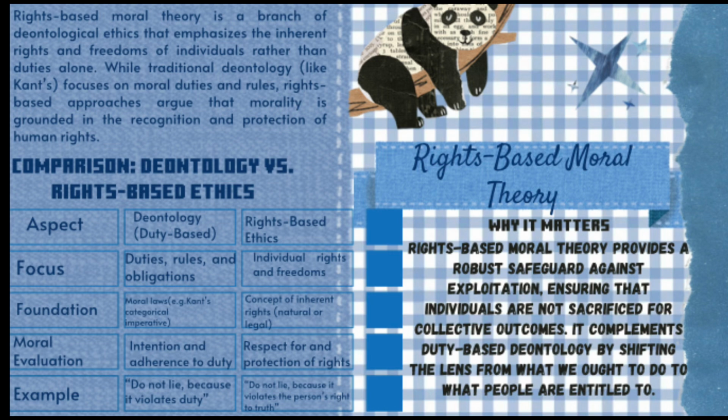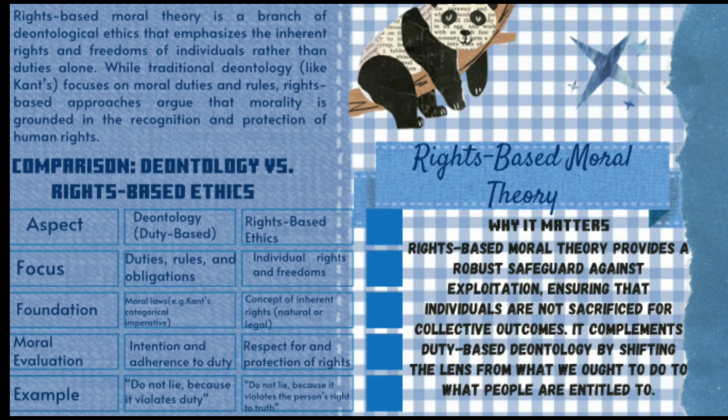So the foundation of deontology is moral laws, while in rights-based ethics the foundation is the concept of inherent rights, natural or legal. Then moral evaluation. Deontology is focused on intention and adherence to duty, while rights-based ethics focuses on respect for and protection of rights.